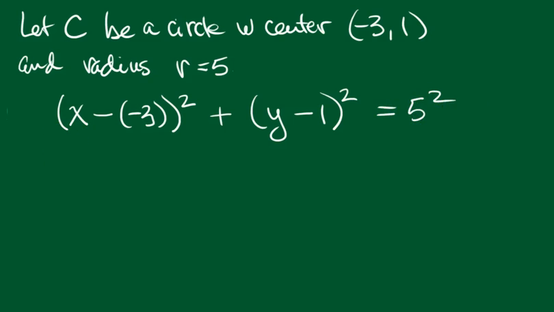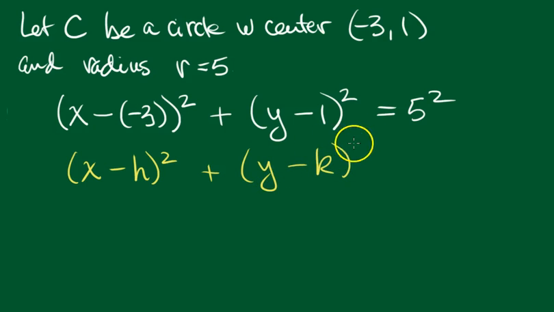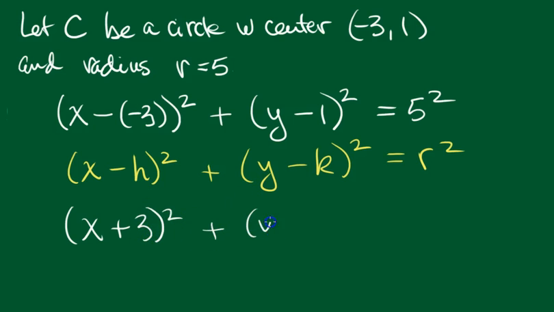Because I meant to write my template here first, because my standard equation goes like this. So when I simplify the first equation, I have (x plus 3) squared plus (y minus 1) squared is equal to 25.